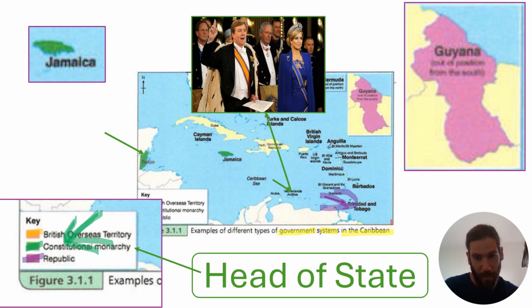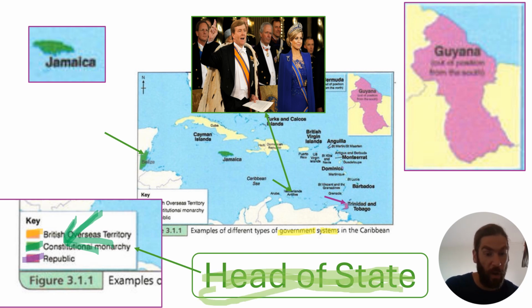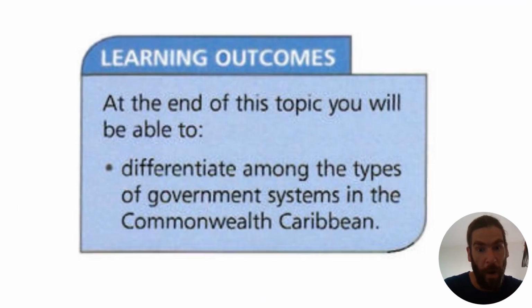Each country of the Netherlands Kingdom has its own prime minister, but they all have one head of state, and that head of state is King Willem-Alexander. Only one. He is the head of state of our constitutional monarchy.